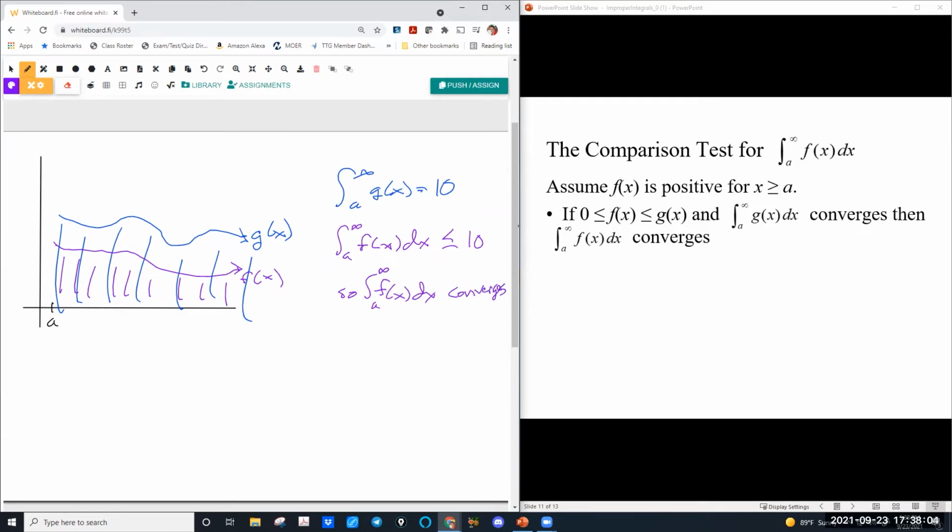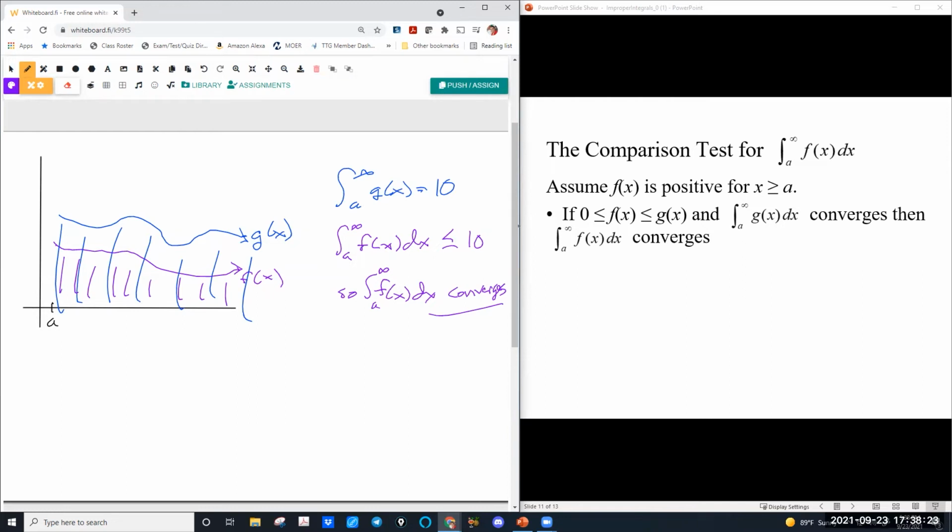Now we cannot say it converges to 10. We can just say it converges. We just know it's less than or equal to 10. It could be 10, probably something small, but all we're trying to do is prove convergence or divergence.